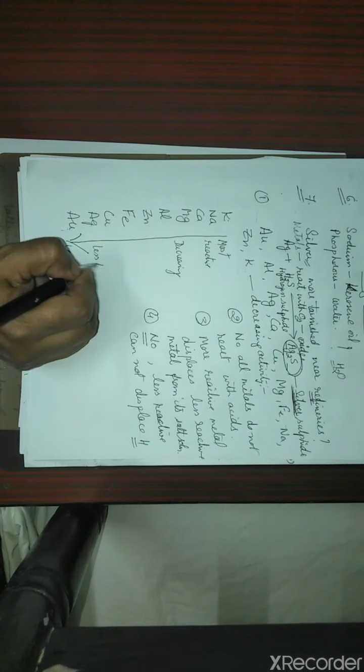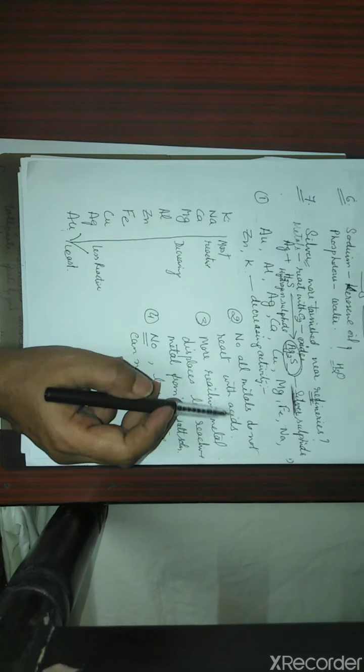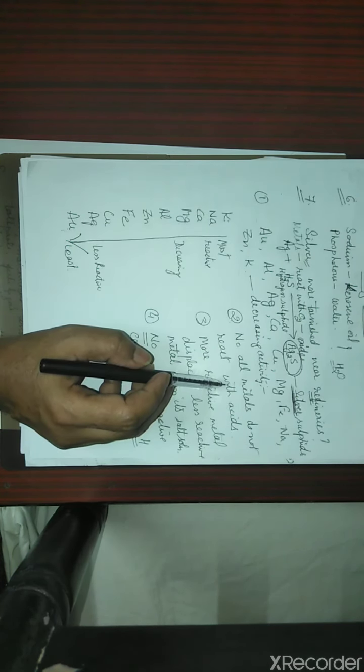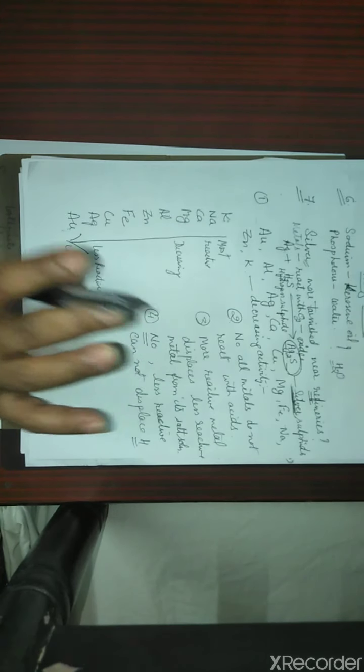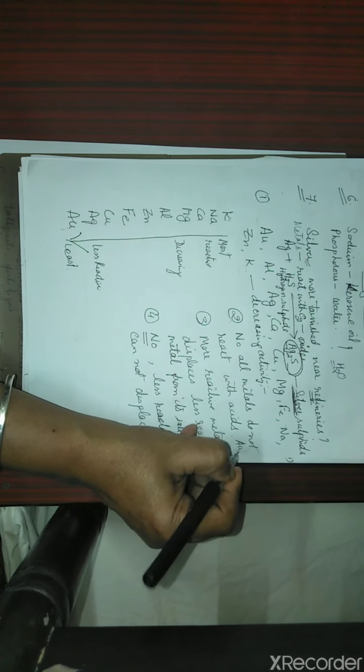One more question is there: do all metals react with acids? No. Generally all metals react with acid, but exceptions are there like gold, platinum. They do not react with acids. Gold does react in the aqua regia solution, but that is not a single acid we are talking about.